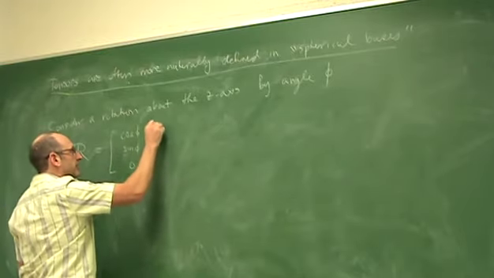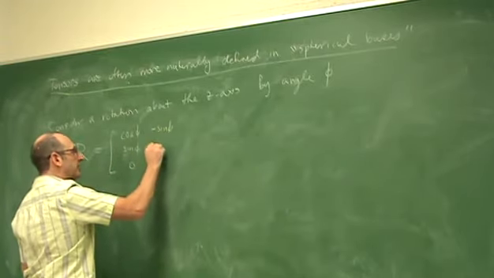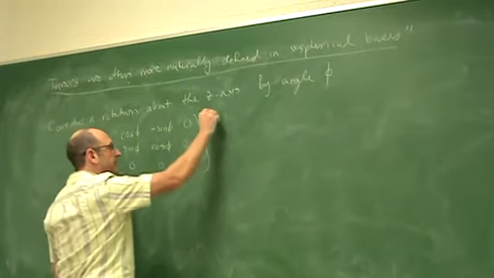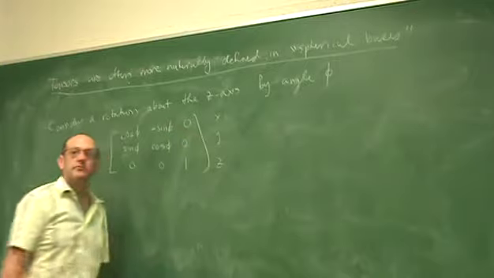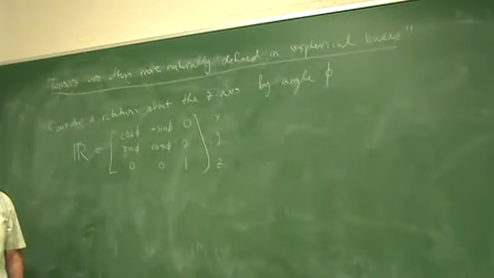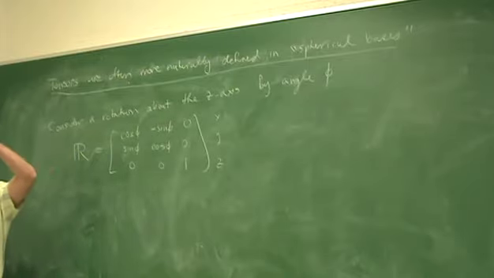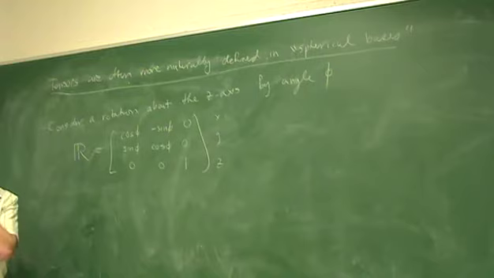Well, that's the familiar form of a rotation matrix, where this is x, y, and z. It takes x and y into rotations, cosine and sine, and leaves z alone.